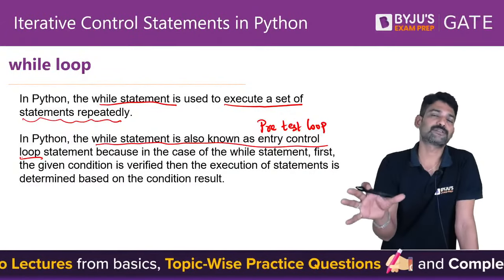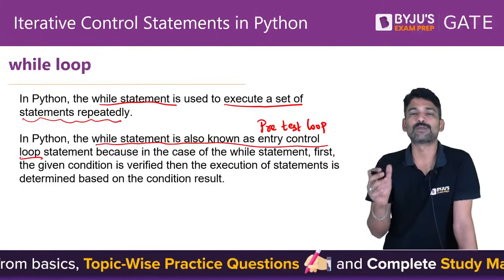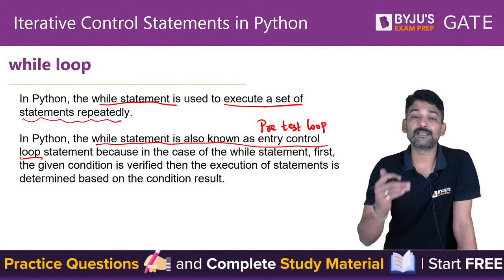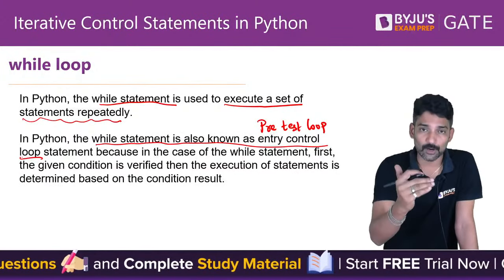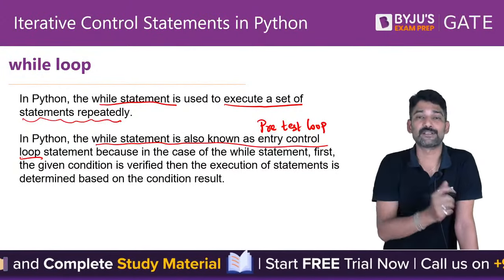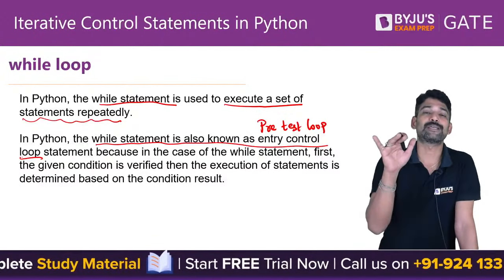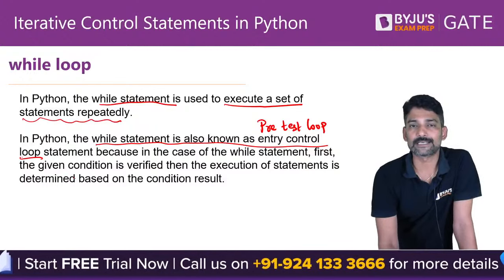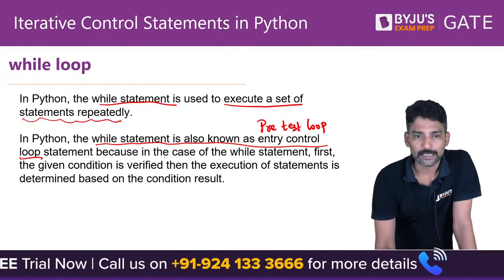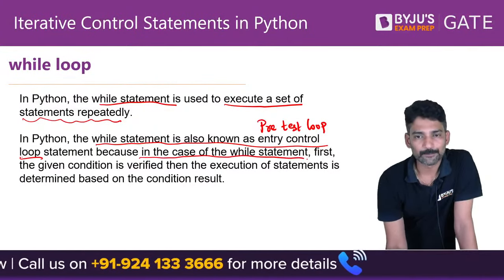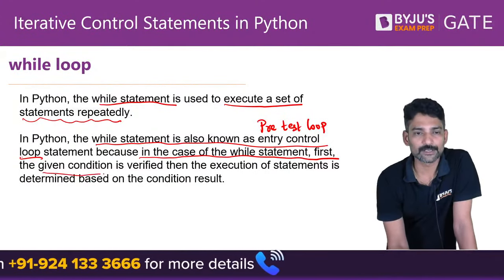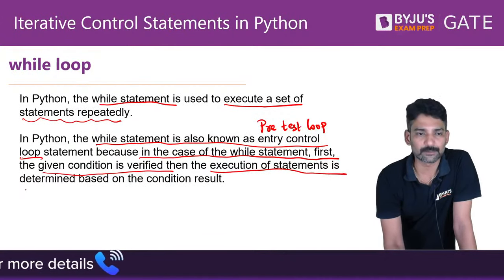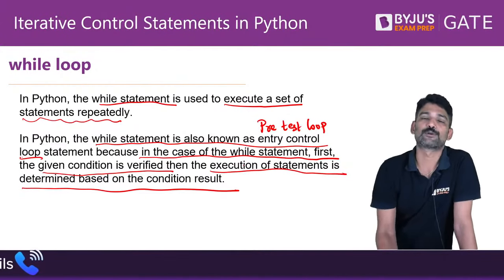If the condition results to true, then only the statements get executed, otherwise not. So at the entrance of the block, the condition is verified, hence it is called an entry control loop. In the case of while, first the given condition is verified, then execution of statements is determined based on the result of the condition.